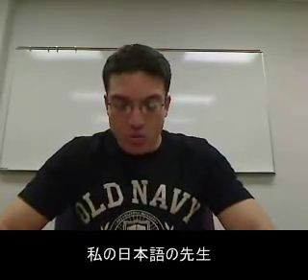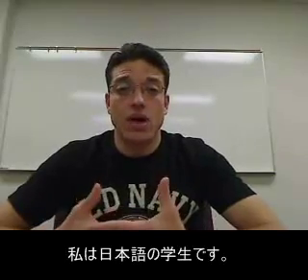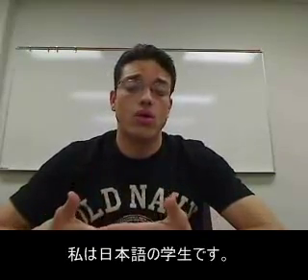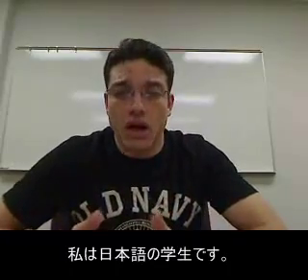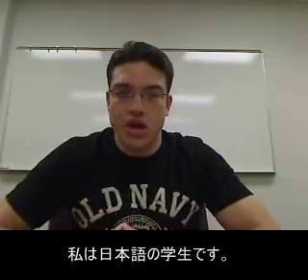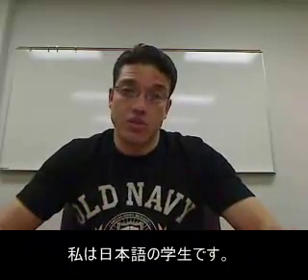The next particle is mo. Mo gives a complementary idea. For example, if you're talking to somebody and the person says, 私は日本語の学生です。I'm a student of Japanese. Then, in case you're a student of Japanese too, right?